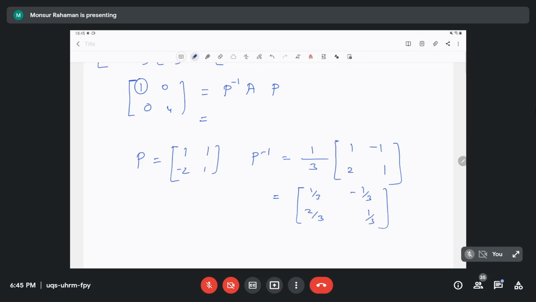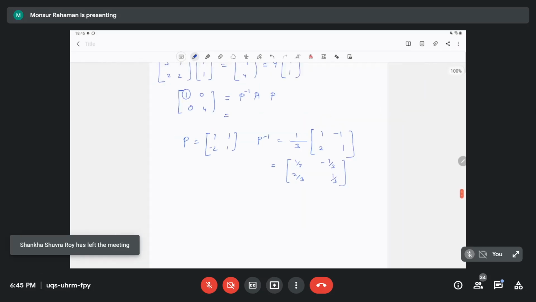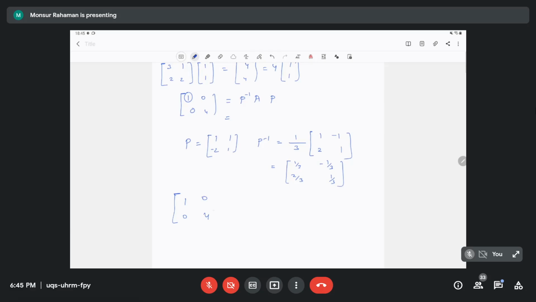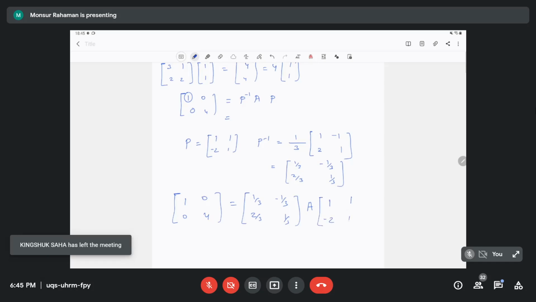So this is P inverse. So you can calculate that. 1, 0, 0, 4, with 1 by 3, minus 2 by 3, 1 by 3, and this is 1 minus 2, 1, 1.